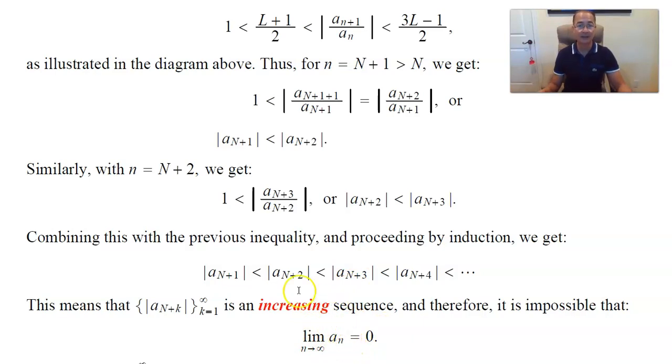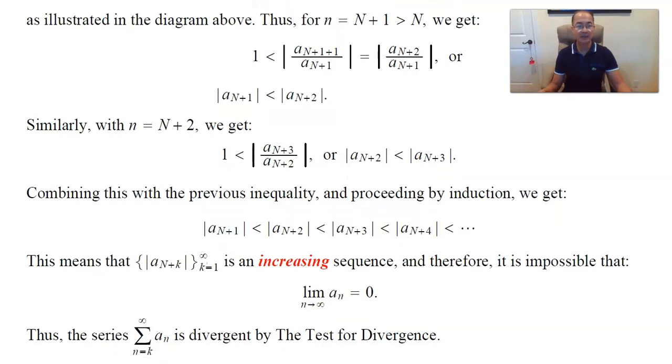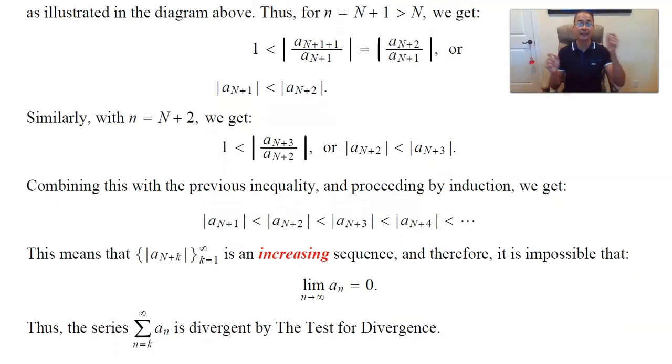Of course not. They're getting bigger and bigger in absolute value. So the terms cannot converge to 0. By the test for divergence, our series with just a n must be divergent, not absolute value. This argument tells us that the terms cannot be going to 0 without the absolute values, and so our series without absolute values must be divergent.